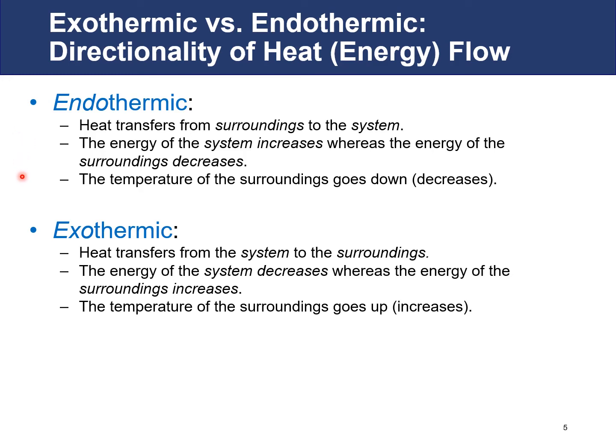The temperature of the surroundings goes down, and the energy of the system goes up, though not necessarily the temperature of the system. Exothermic reactions are where heat is transferred from the system to the surroundings. The energy of the system will decrease and the energy of the surroundings will increase. The temperature of the surroundings will go up.